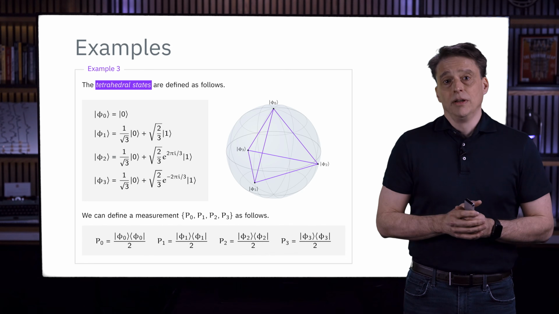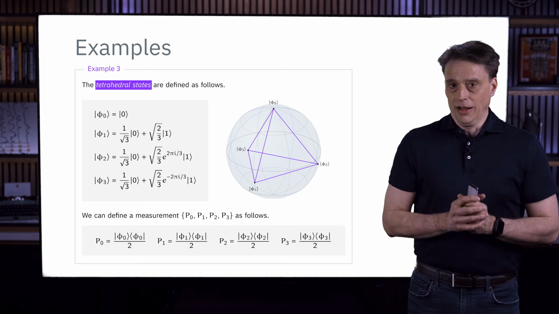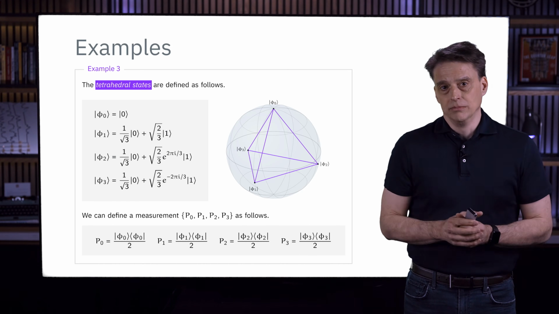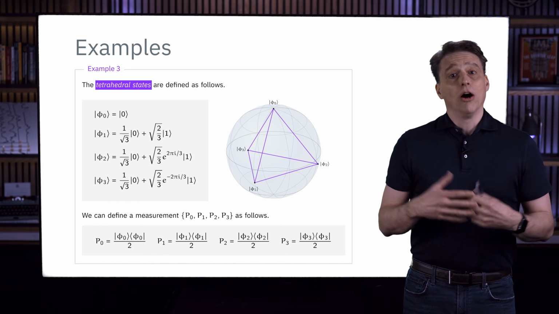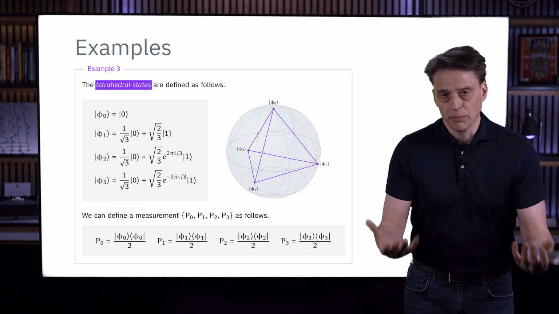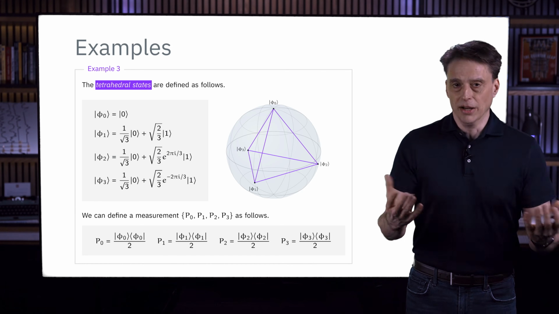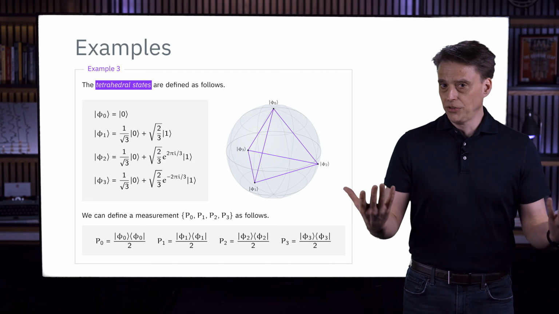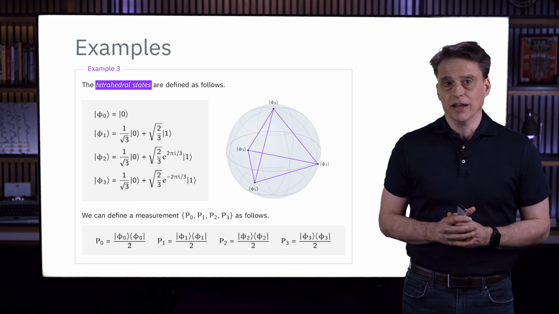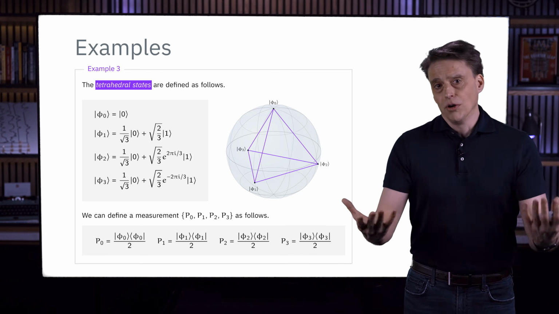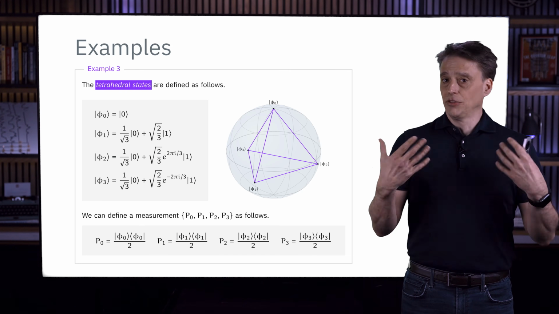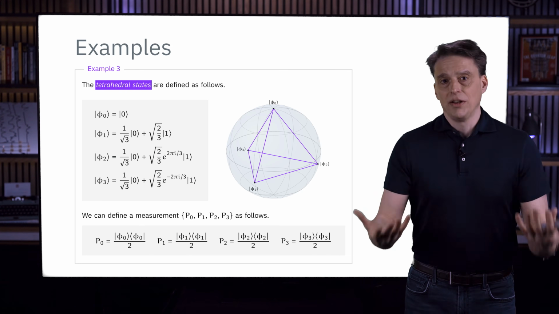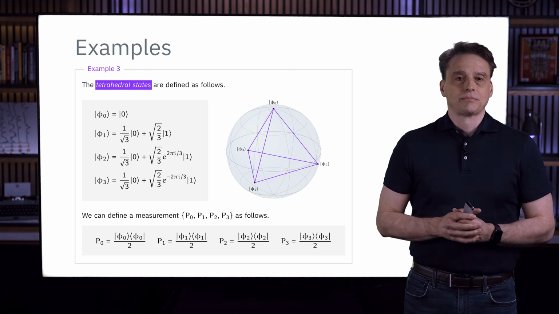Now we can define an interesting measurement with four possible outcomes, as is shown on the screen. Or, in words, we can take our matrices to be the density matrix representations of these states divided by 2. These are definitely positive semi-definite matrices because they're density matrices divided by 2, and you could go through the arithmetic to check that they do in fact sum to the identity, but another way to see that is to think about the symmetry.